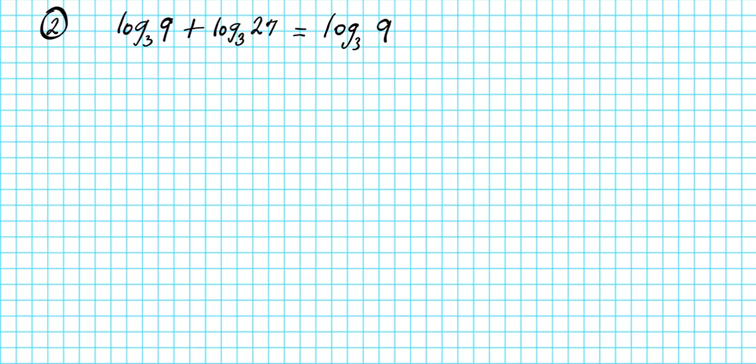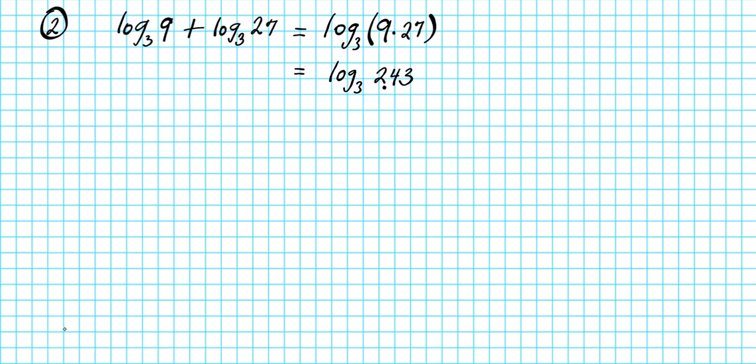So log base 3 of 9 times 27. 9 times 27 is going to be 180 plus 63, which gives us 243.